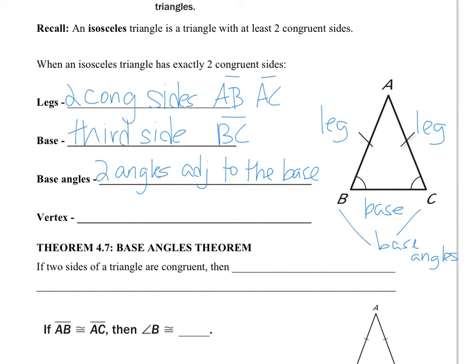So that would be angles B and C. And the vertex is the angle formed by the legs. In this case, angle A.